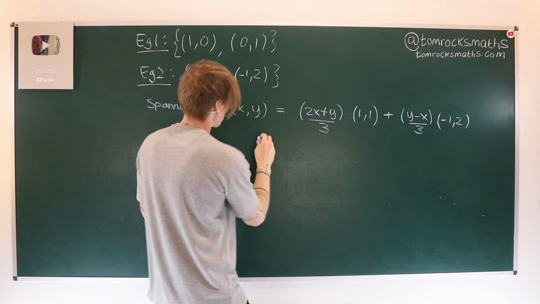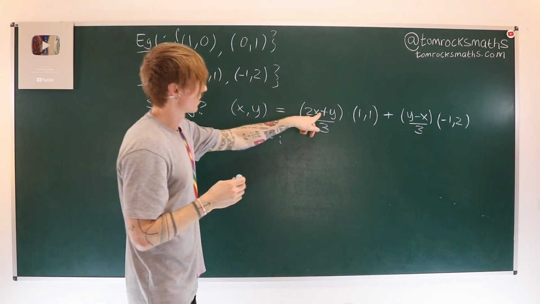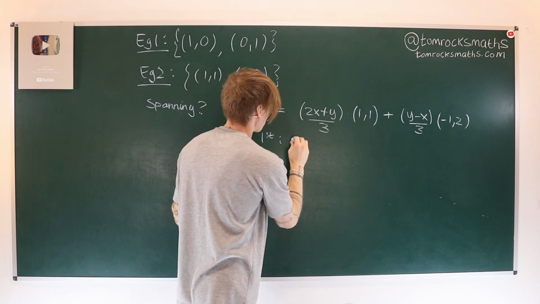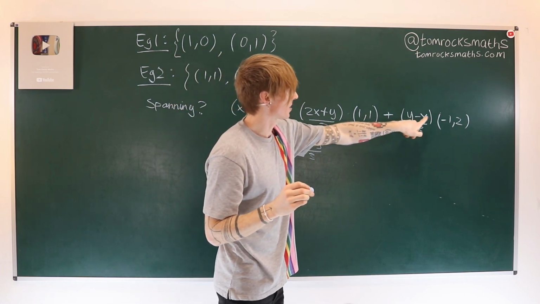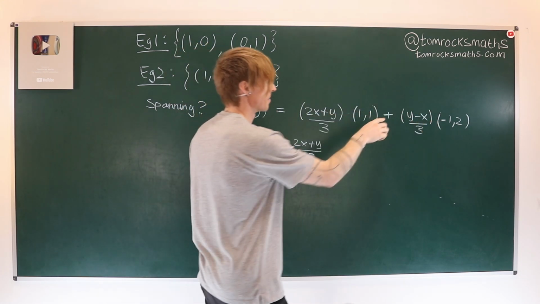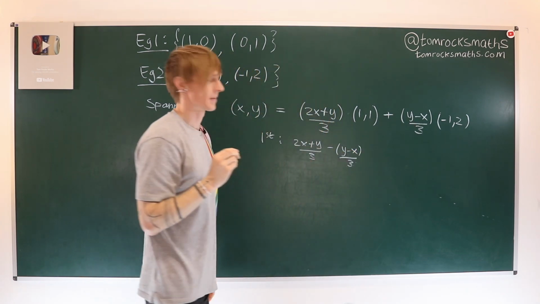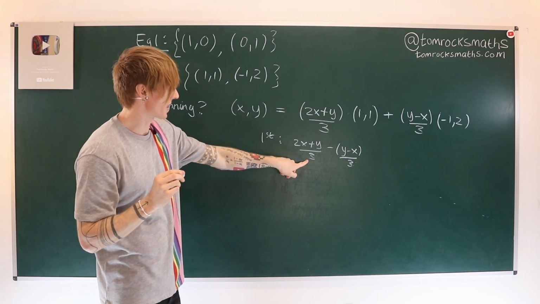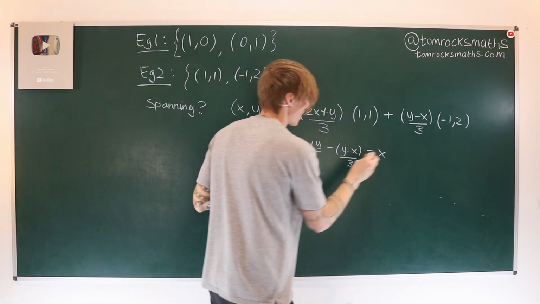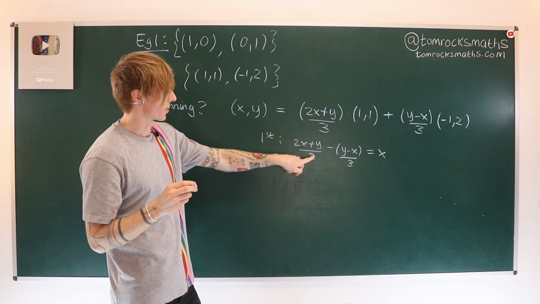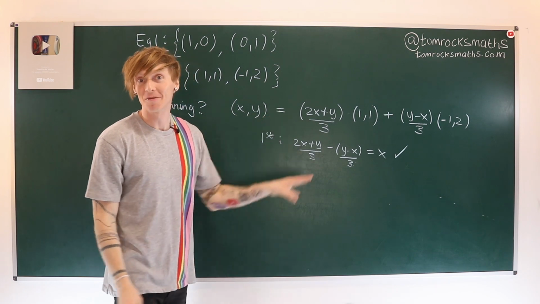In the first entry, we clearly have x on the left. Here we have (2x + y)/3 times 1, so (2x + y)/3, and then plus -1 times (y - x)/3, so minus (y - x)/3. Now, we have 2/3 x minus minus x/3, so a total of 1x. And for the y terms, we have y/3 minus y/3. So it does work, and you can check the second component; it will also work.